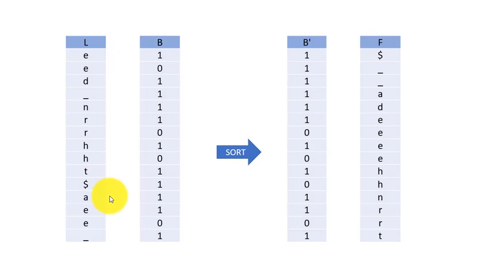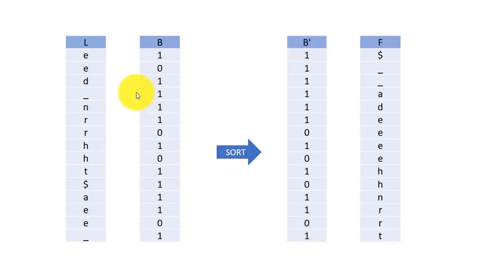So from the last column, the B column, we sort this column and it becomes the first column. So we simply sort this one corresponding to this one. So sort this B and it becomes B prime.